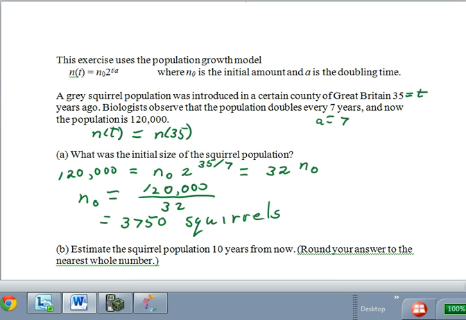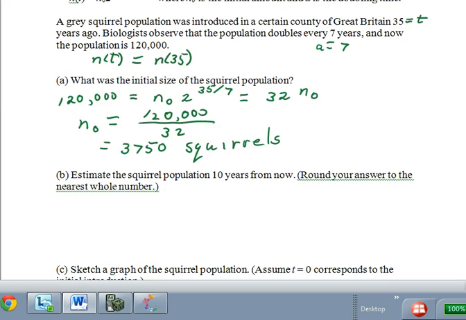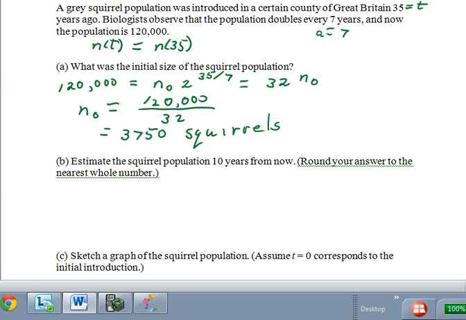Now we're asked to predict the population after 45 years. I'm saying 45 years because it's 10 years from the current time. And so we're going to be using t equals 35 plus 10, which equals 45.